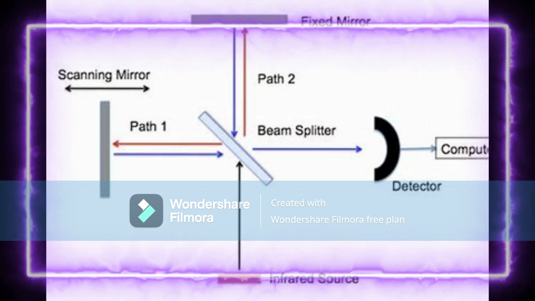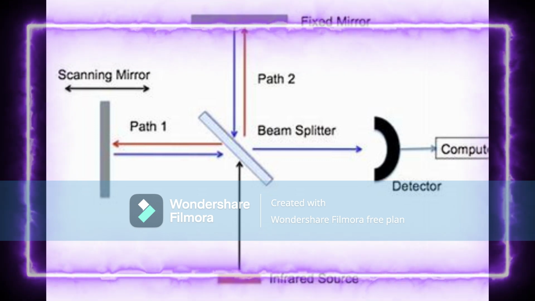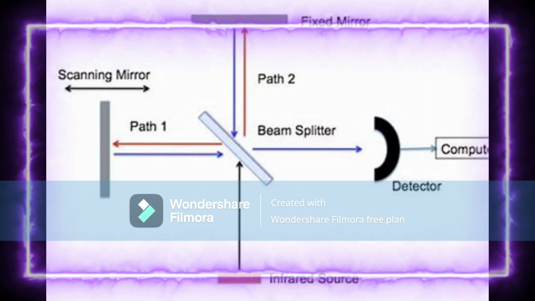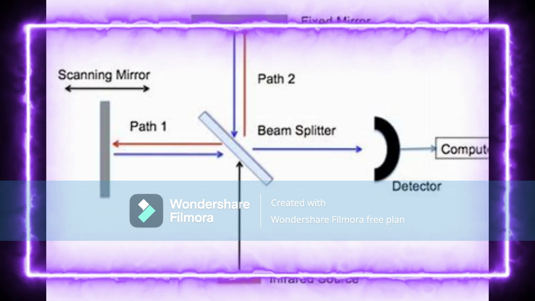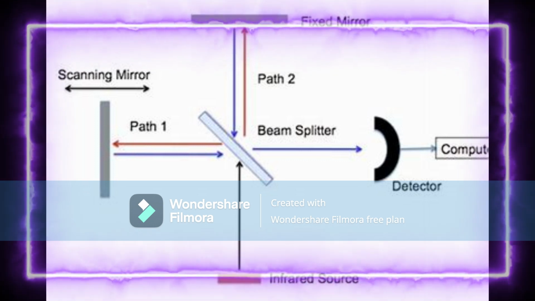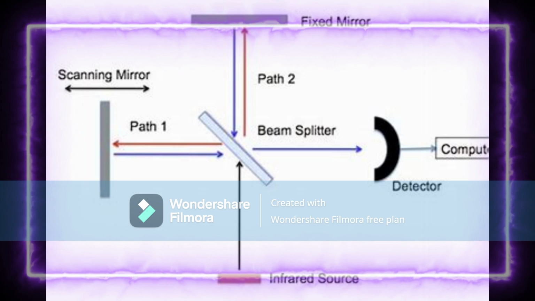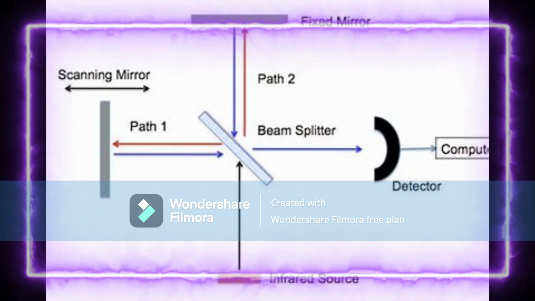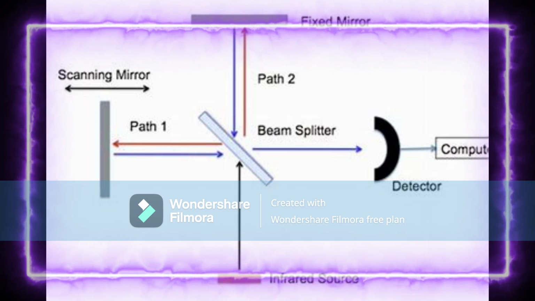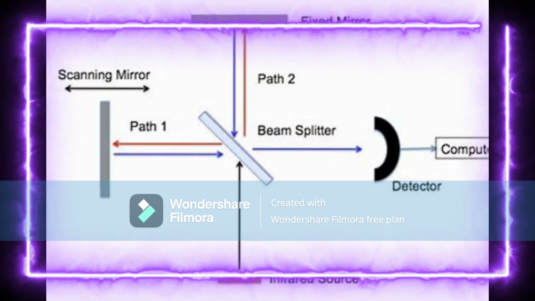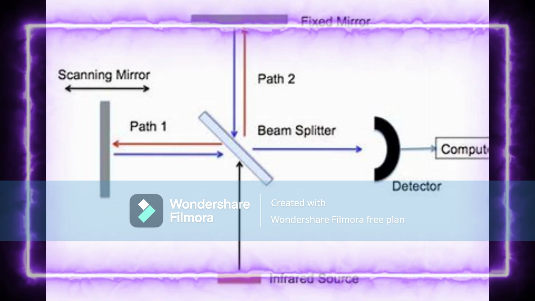The interferometer produces a unique type of signal which has all of the infrared frequencies encoded into it. The signal can be measured very quickly, usually on the order of one second or so. Thus, the time element is reduced to a matter of a few seconds rather than several minutes.